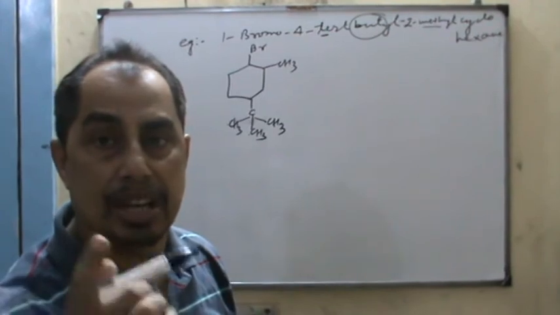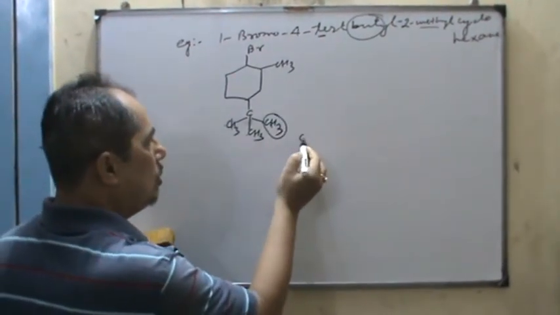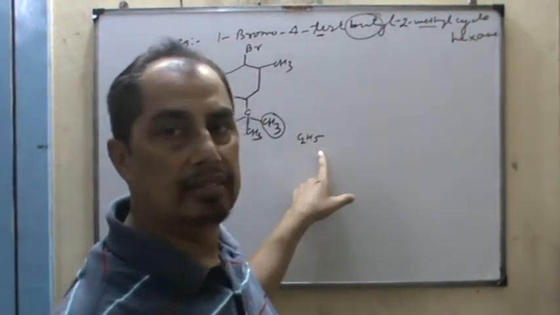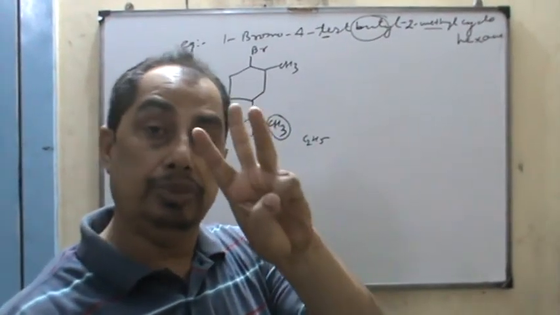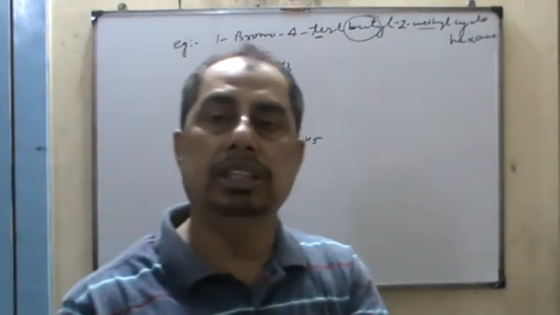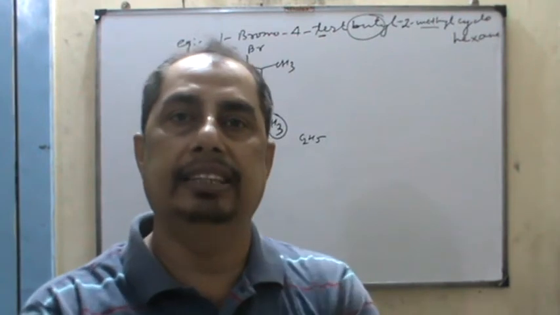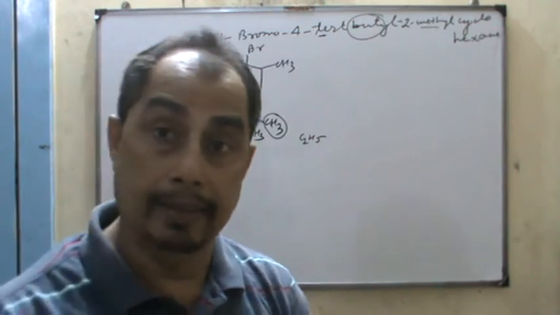If I say tertiary pentyl, then you replace 1 R with methyl, and now you can add ethyl. If the question is based on tertiary, there are only 3 R's. R can be modified because you have a long list: methyl, ethyl, propyl, butyl, pentyl, hexyl, heptyl, octyl, nonyl, decyl. Is it clear?